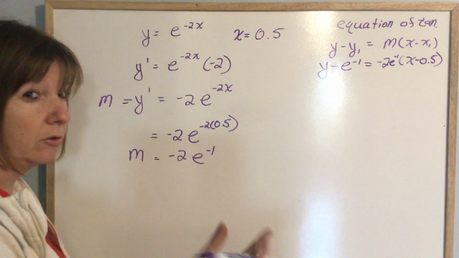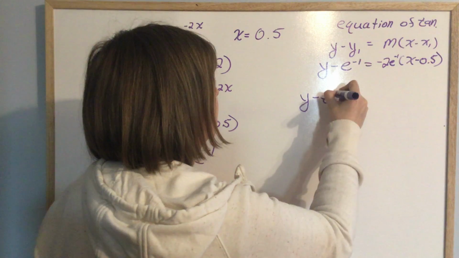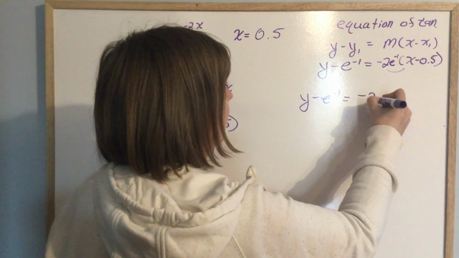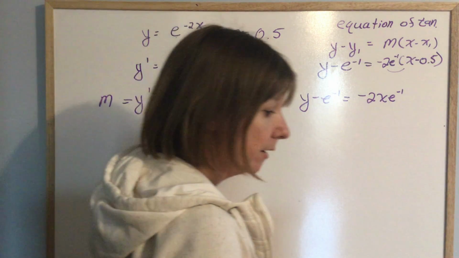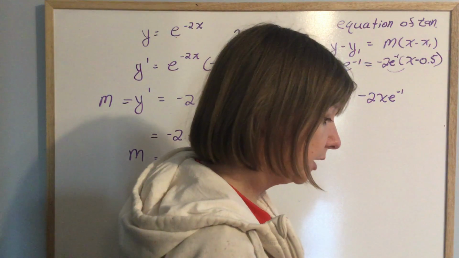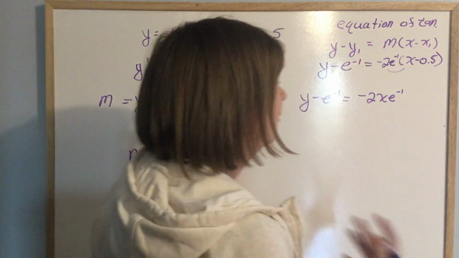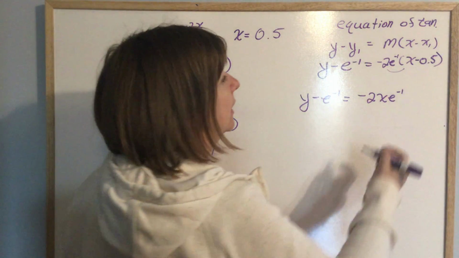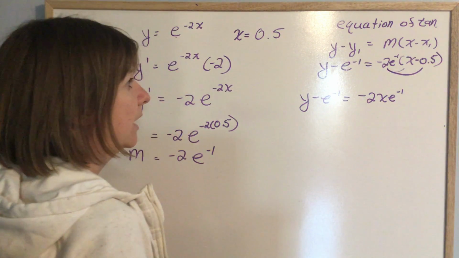So now we just need to do some cleanup over here. Y minus e to the negative 1 is equal to, if I multiply these, this is negative 2x e to the negative 1. They actually do it the other way. They do 2e to the negative 1x. And then I do negative 2e to the negative 1 times negative 0.5.